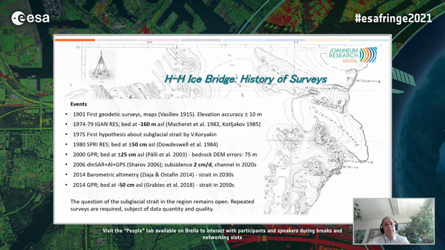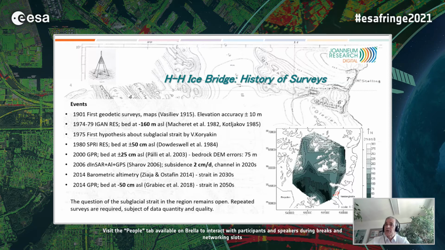The hypothesis about the existence of a subglacial strait was first proposed 45 years ago by Professor Vladislav Koryakin, my teacher. Subsequent surveys using radio echo sounding and ground penetrating radar in the area, performed by Russian, British, Finnish, and Polish researchers, could neither verify nor disprove this hypothesis.